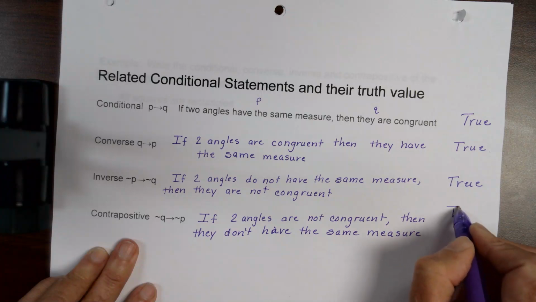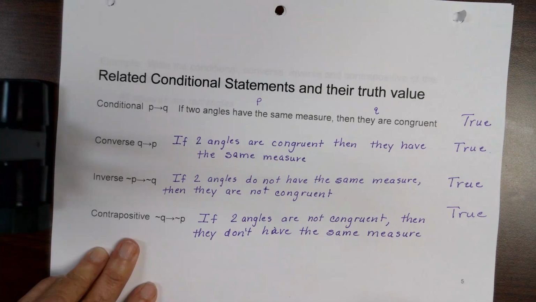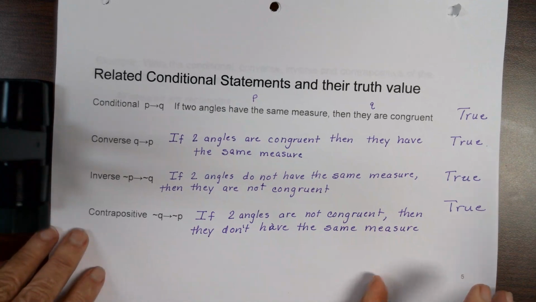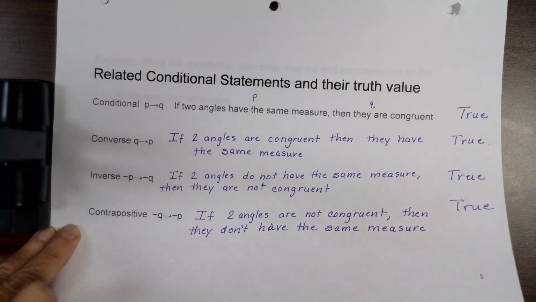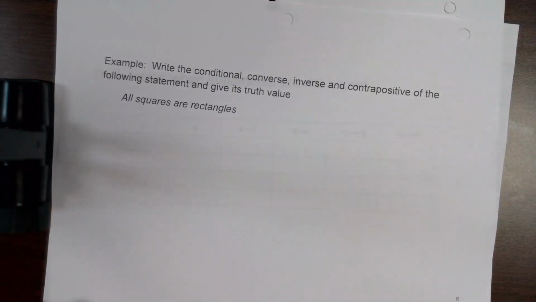That is also true, because those two terms, congruent and having the same measure, are used interchangeably. Okay, let's look at another example.